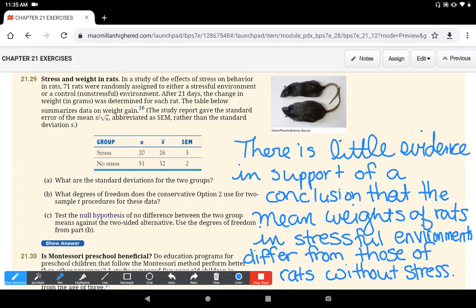There's little evidence to conclude that the mean weight of rats in stressful environments differ from those rats without stress, which I find surprising because I thought the less stressed out rats would be a little fatter. But apparently there's not very much evidence for that.